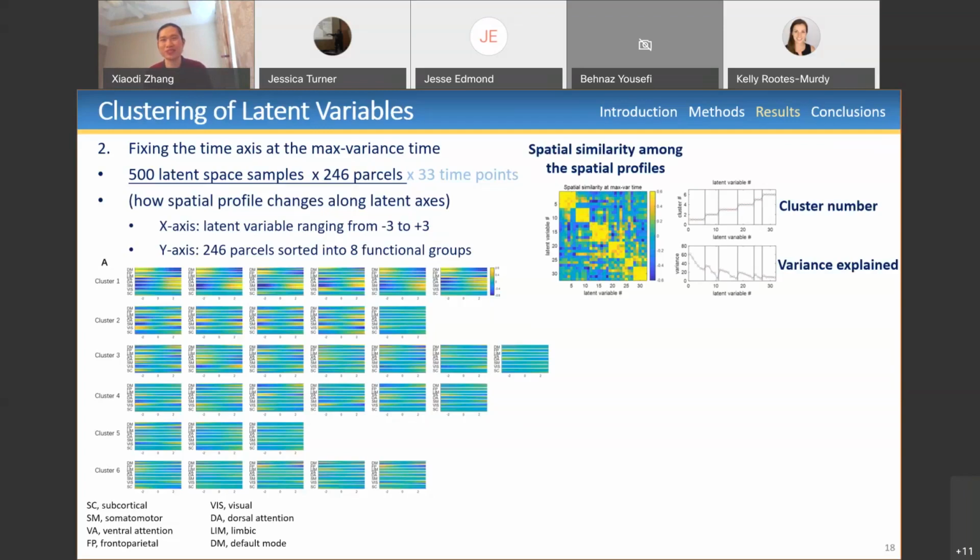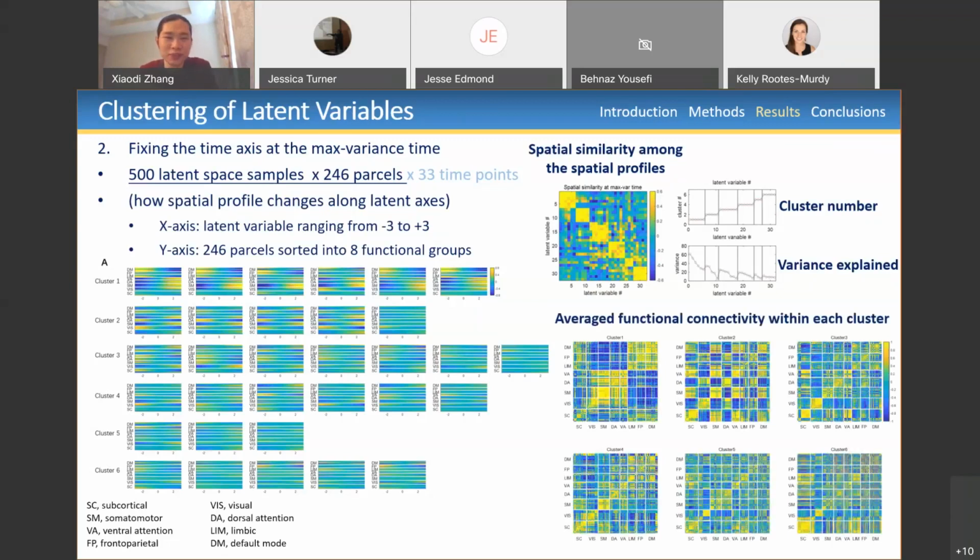I'm sort of trying to show everything in reverse order. The result I'm showing you is already k-means clustered, but here is why I performed k-means clustering, if that makes any sense. On top of this, the latent variables were sorted by their variance explained in descending order, meaning that the one in the front has a much higher variance compared to the one in the back.